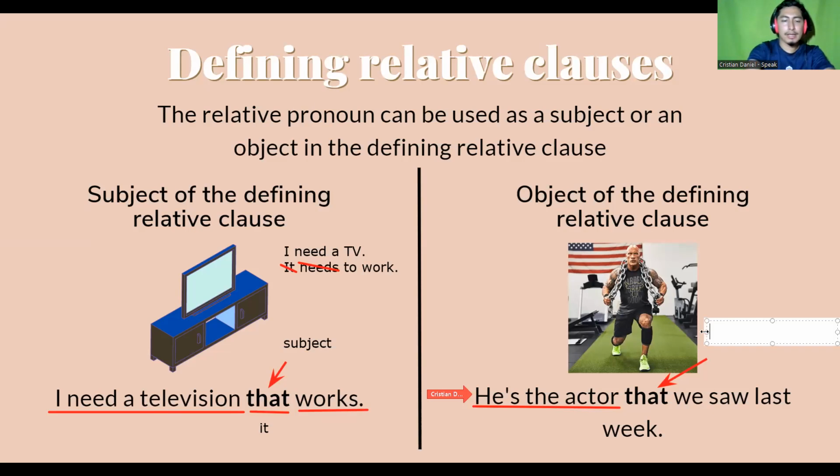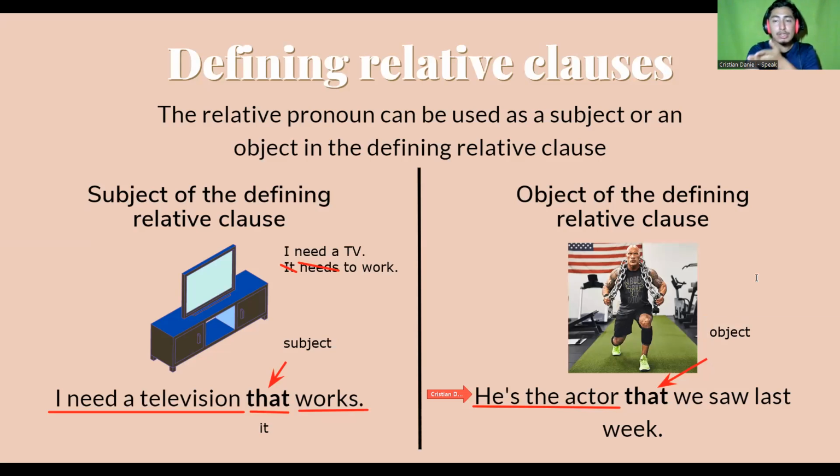So we will not repeat, he is the actor we saw last week. Okay, we won't repeat it, right? Because it's too long and it doesn't make sense if we repeat the sentence twice. So in this case, we use that, and it means the object, the actor.